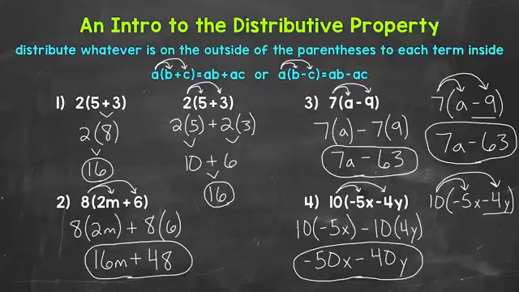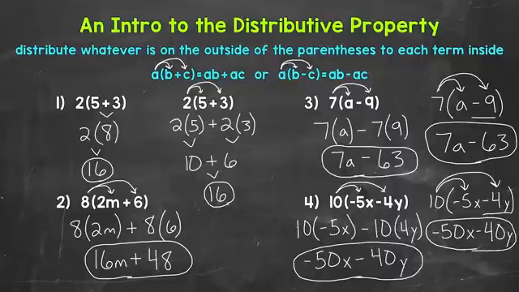So include the sign in front of that term. 10 times negative 5x is negative 50x. And then 10 times negative 4y is negative 40y. So we get the same thing that way as well. Negative 50x minus 40y. So there is an introduction to the distributive property.